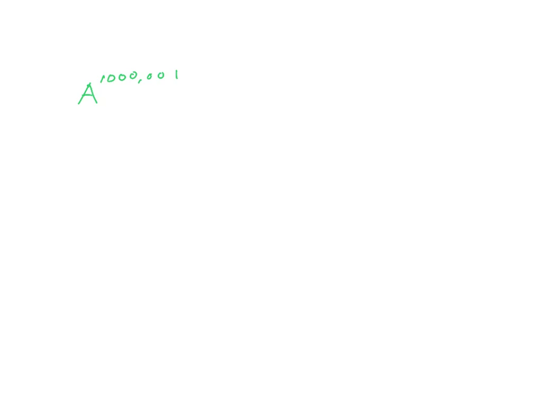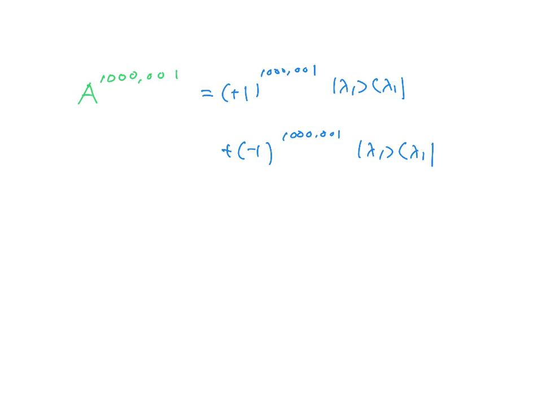But because now you know the spectral theorem, you can do this: plus 1 to the million and one times the lambda 1 term, and minus 1 to the million and one times the lambda 2 term. What is plus 1 to the million and one?